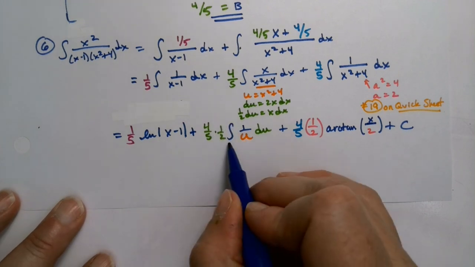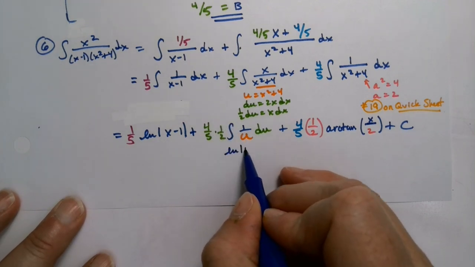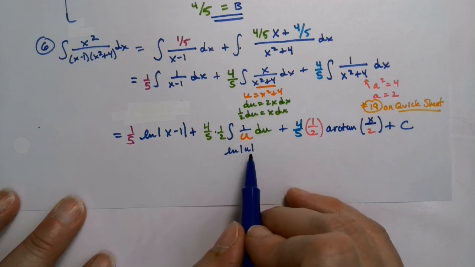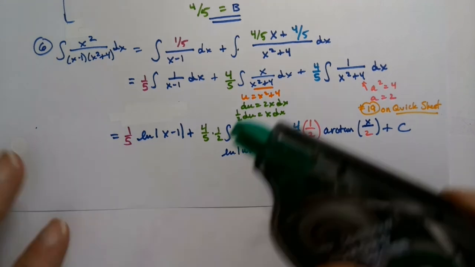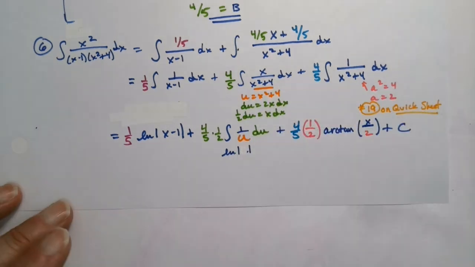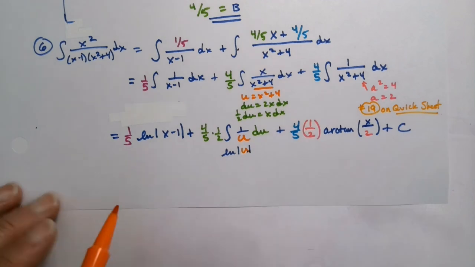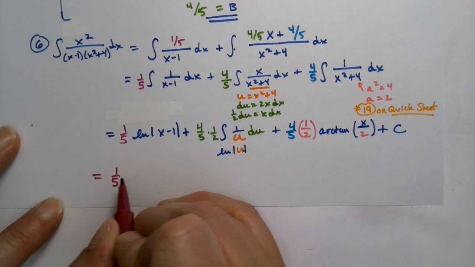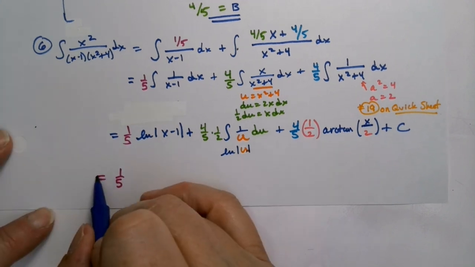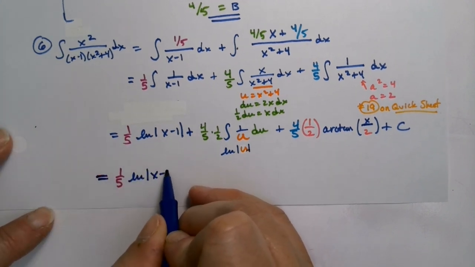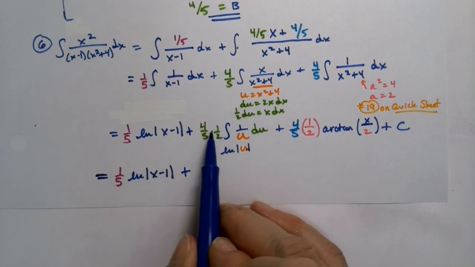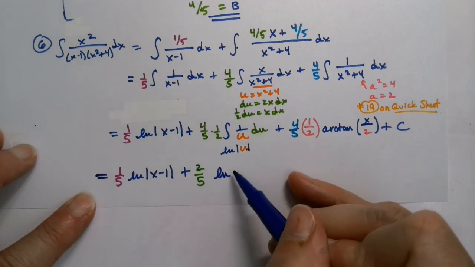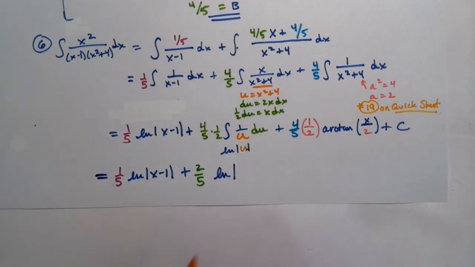All right, so this one would get us the natural log of the absolute value of u, right, when we take the integral. So then all I'm going to do is back substitute in, right? So if I know it's the natural log of the absolute value of u, then I can kind of make that work. So my final answer would be 1/5 natural log absolute value of x minus 1 plus, okay, the 2 goes into 4, so 2/5 natural log absolute value, and then u, which was x squared plus 4.